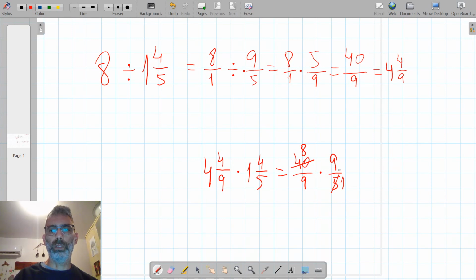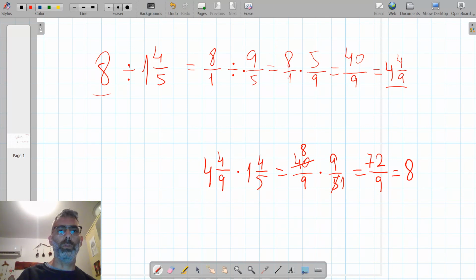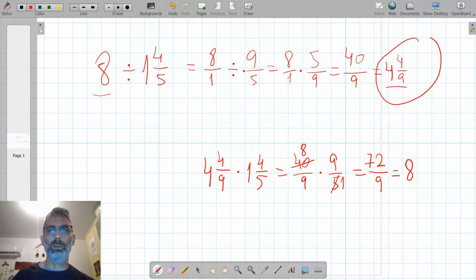So 8 times 9 equals 72, divided by 9 times 1 is 9. 72 divided by 9 is 8. So we go back to 8. 8 divided by 1 and 4 fifths equals 4 and 4 ninths, because if we multiply it by 1 and 4 fifths, we go back to 8. So 4 and 4 ninths is the correct answer.